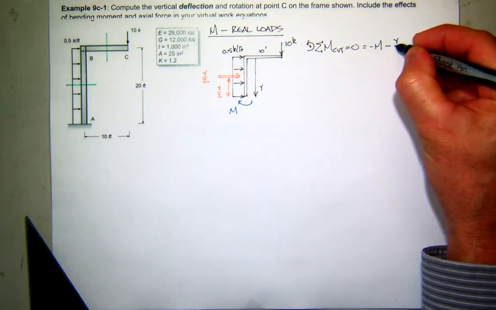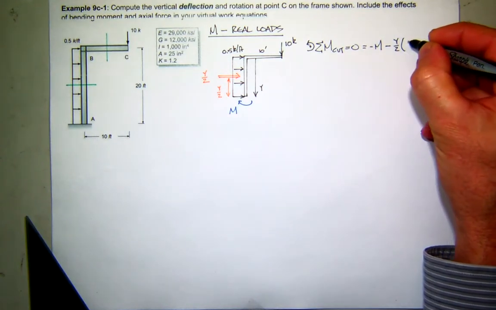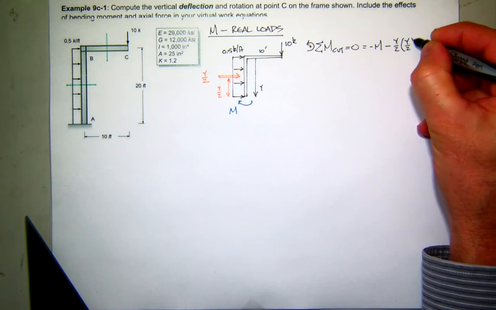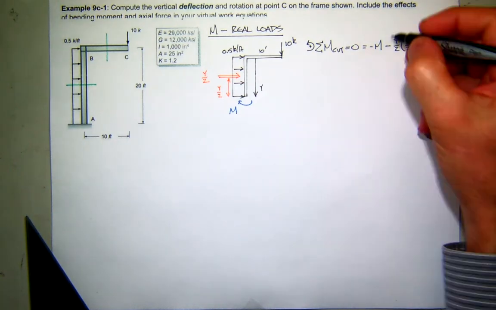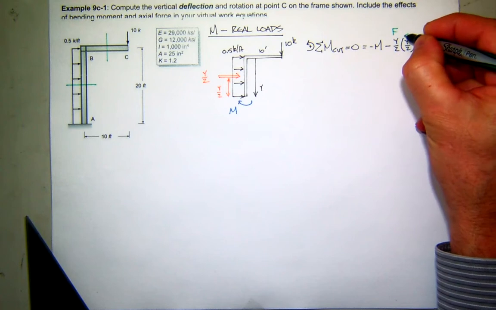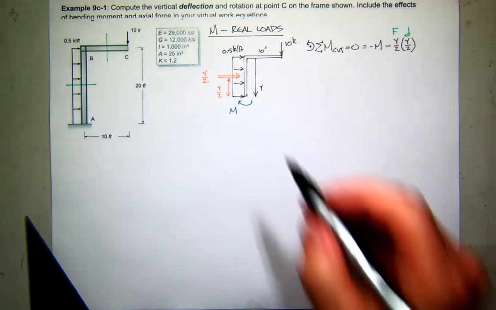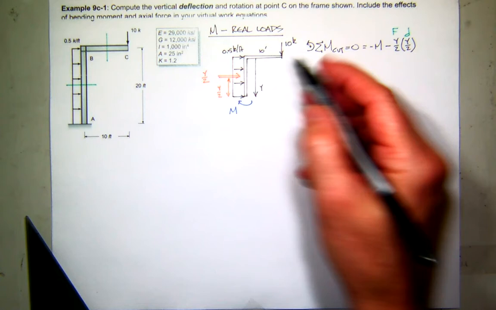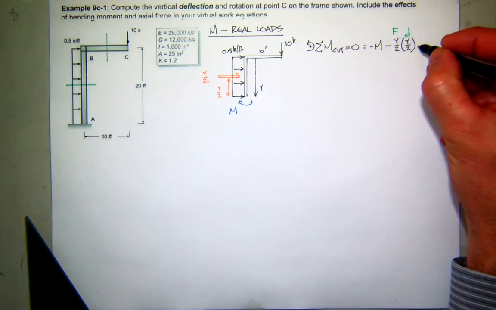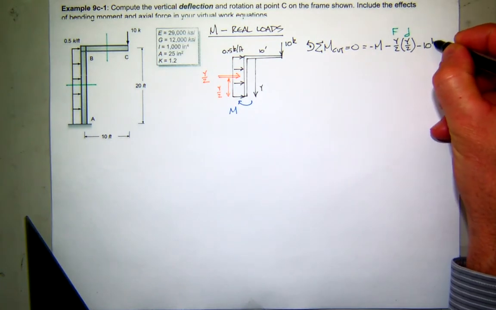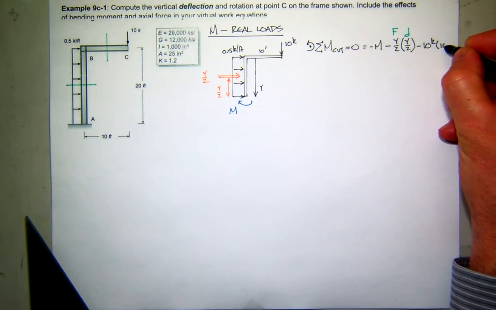The force is Y over 2, and the distance is Y over 2. Just so you don't forget, that's force, and that's the distance. And then about the cut, I have this 10 kip force. It's creating negative moment. The force is 10 kips, and the distance is 10 feet.